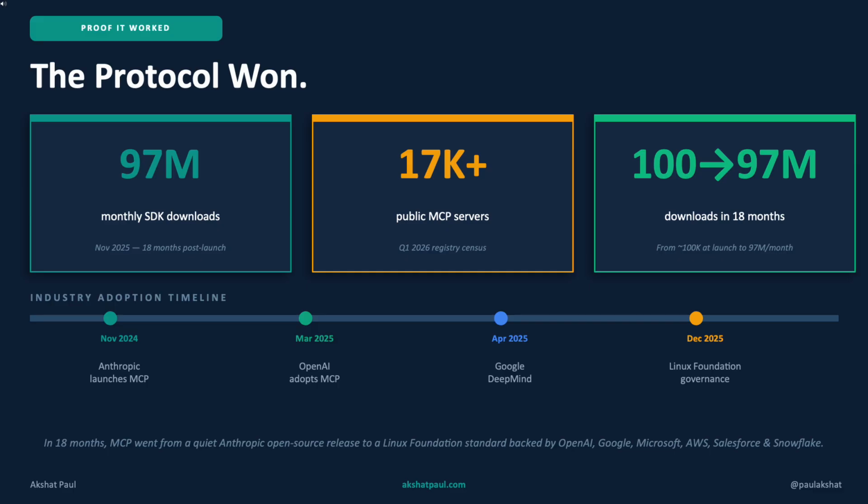It became a vendor-neutral industry standard, co-governed by Block, OpenAI, and backed by AWS, Google, Microsoft, Salesforce, and Snowflake. By Q1 2026, over 17,000 public MCP servers indexed. In 18 months, MCP went from a quiet open source release to the foundational infrastructure for how AI connects to the real world. The N times M problem that broke teams for years, solved.